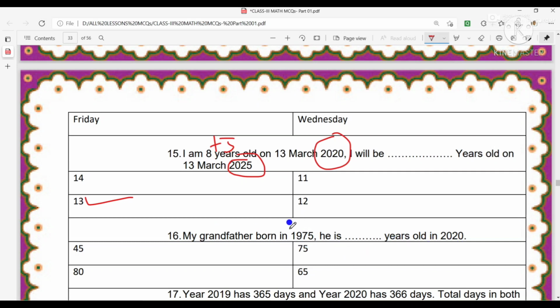So 2020 minus 1975. You will get 45 years, right?